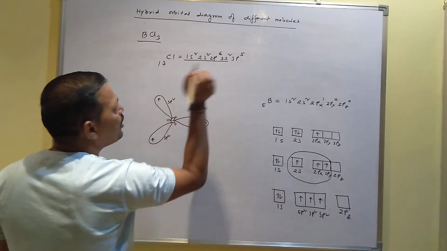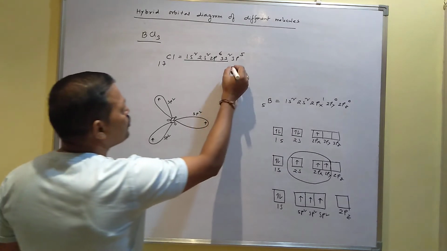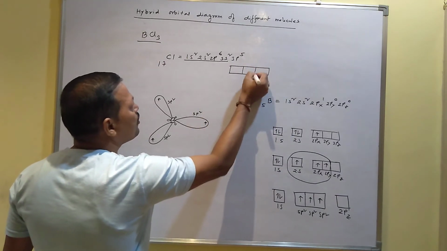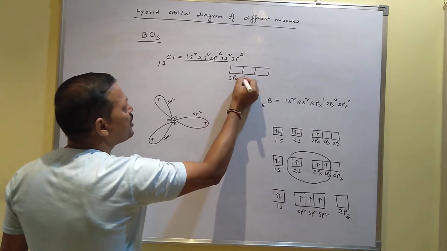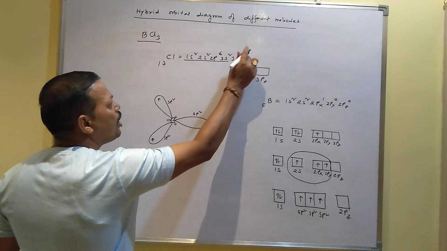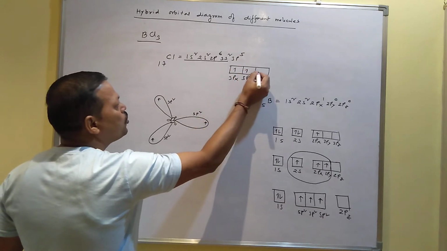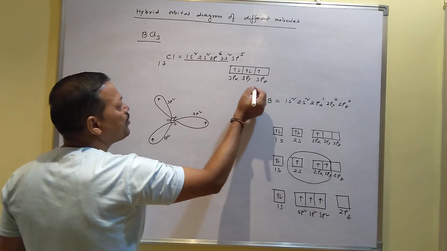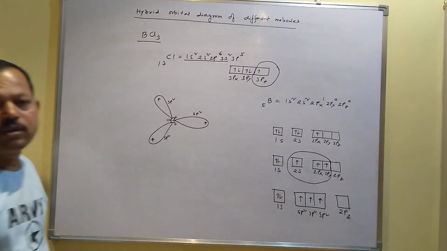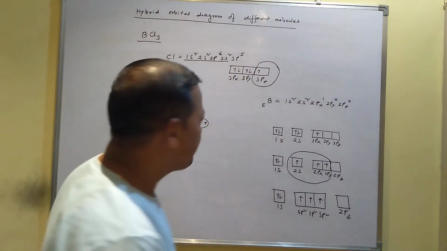These are all filled electrons, so they do not undergo overlap. This is your 3p: one is 3px, one is 3py, one is 3pz. I have written only the 3p. How many electrons? 5. So this is your half-filled orbital, and this orbital can undergo overlap.